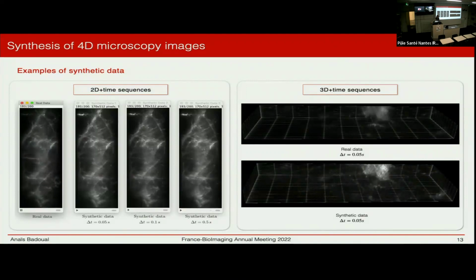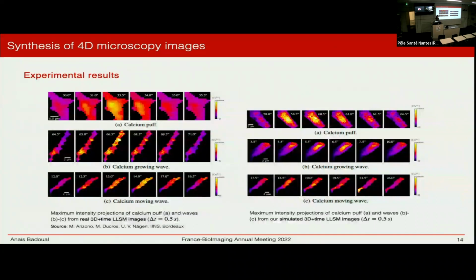I'm not going into the details of this complex validation phase, but just quickly to mention that we verified that in our synthetic data, we have all the diversity of the calcium signal. So we have the calcium puff and the calcium waves.